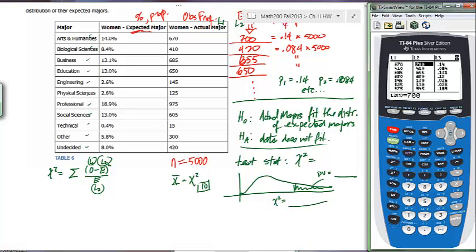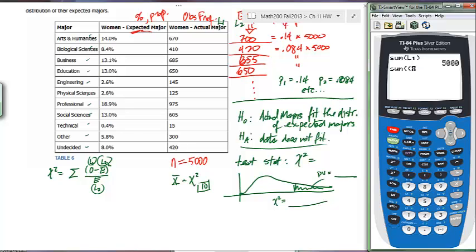Let's go back to our home screen, second function, and quit. And let's call on our sum function again. So remember that second function, stat, math, and the fifth one is the sum. We're going to start off with an open parentheses. The observed values are in L1.